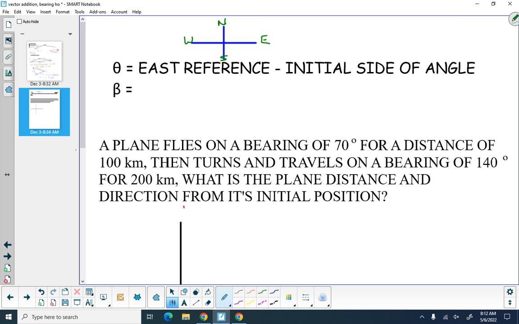What we have dealt with up till now is an east reference with respect to the initial side. So we would rotate here, and this was our measure of theta.